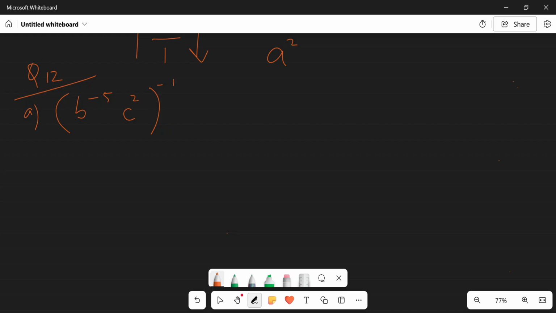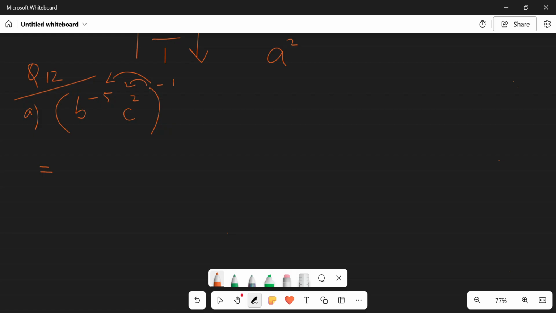First of all, you need to see the negative 5 and the 2 here. The very first step is you multiply the negative 1 with this entire bracket. So we are solving the bracket first, and the exponent here. Multiply this minus 1 with minus 5, and then minus 1 with 2.